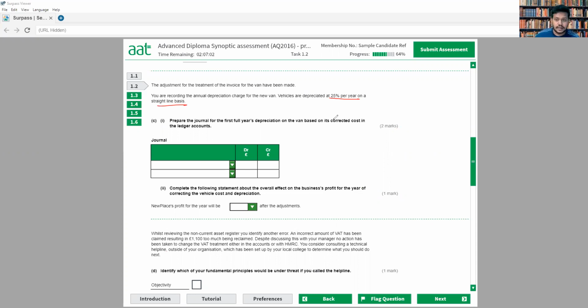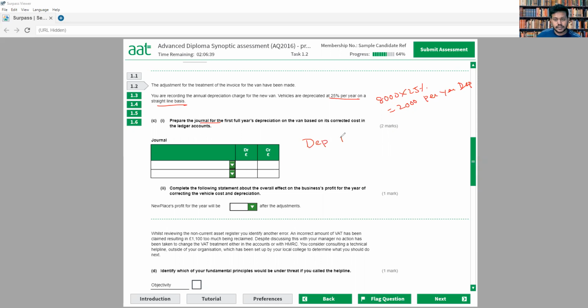That's it, isn't it? So our cost is £8,000 for the van and 25% is straight line, and that will give us £2,000 per year. So per year depreciation will be £2,000. Now the journal for the depreciation is very simple. All of us, we know it. So depreciation is debit and the accumulated depreciation is credit.